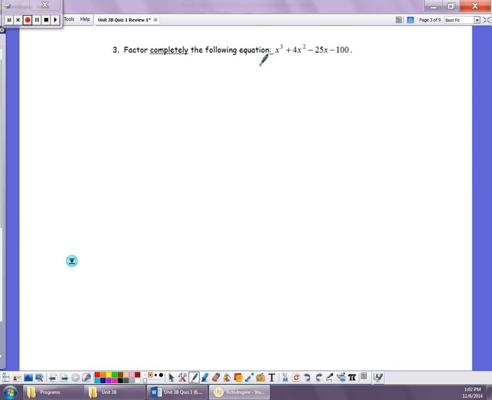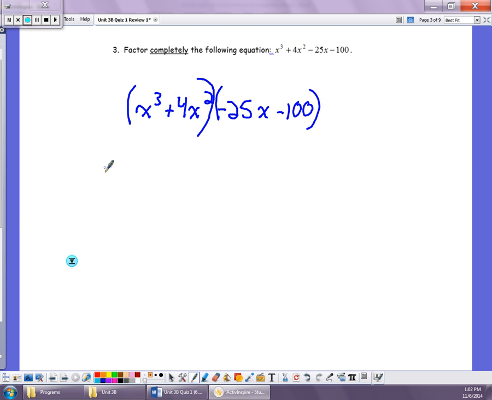Again, here we want to factor the equation. As soon as we see we have 4 terms, you should automatically in your brain be jumping to grouping. When I have 4 terms, that's when I want to factor by grouping. So I'm going to group my first 2 terms together, second 2 terms together. And then I take out the greatest common factor from each part. So I can take out x squared. I'm left with x plus 4.